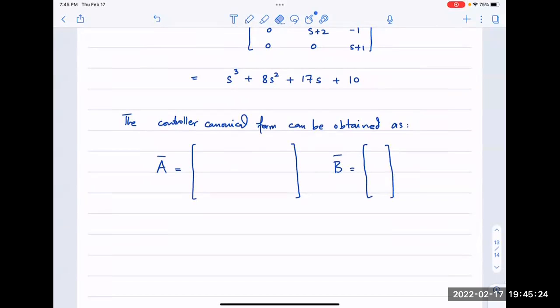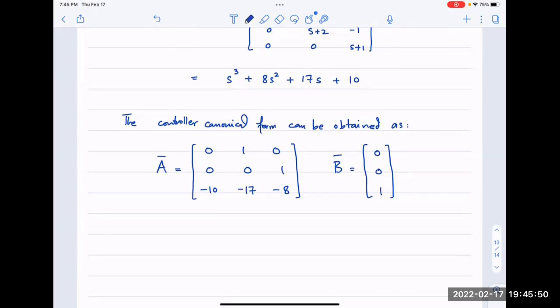0, 1, 0. This is the row or column? Row. So 0, 1, 0. 0, 0, 1. Okay. Minus 10, minus 17, minus 8. Okay, perfect. And what's the B bar? 0, 0, 1. Yeah, perfect.